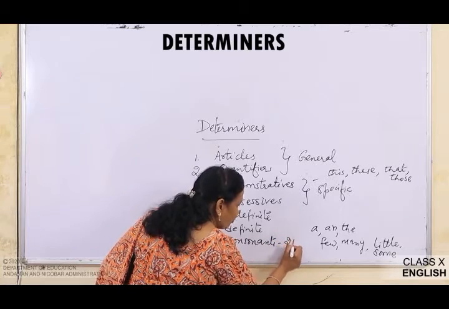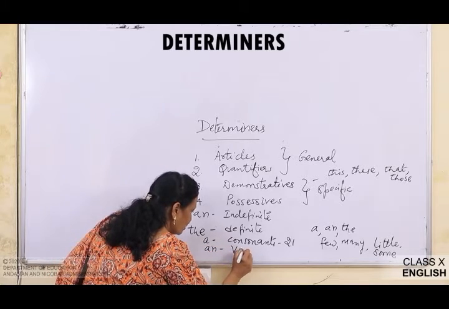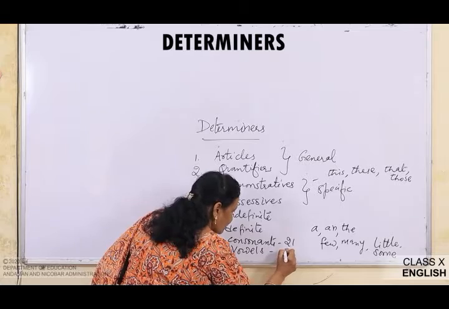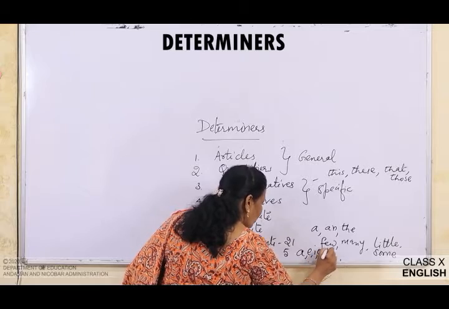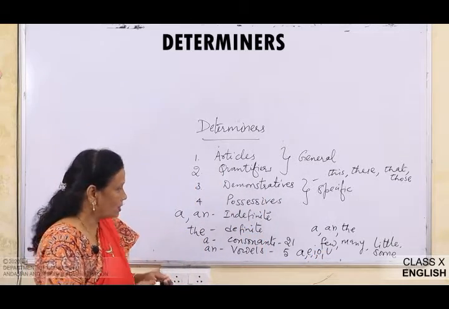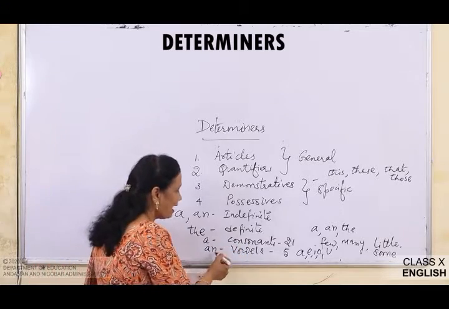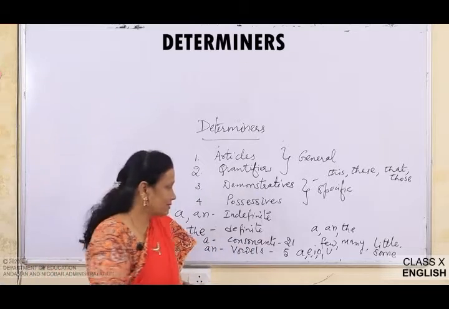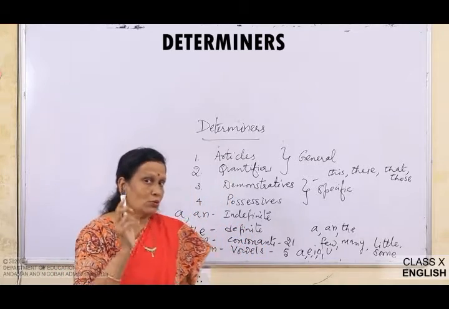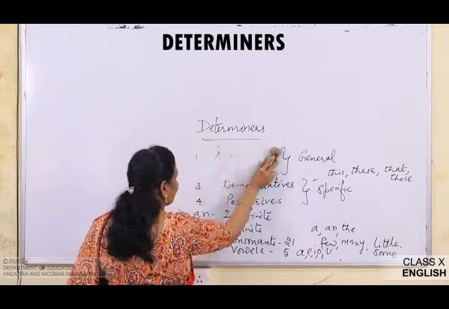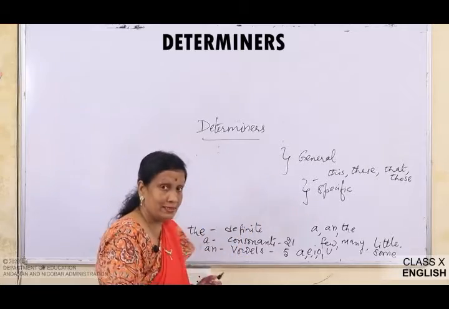We have 26 alphabets, out of which 5 are vowels, and they are A, E, I, O, U. So, you need to remember, children, here a is used before consonants and an is used before vowels, that is the words that begin with A, E, I, O, U. And I had told you in the last class about the use of the words beginning with the letter U.